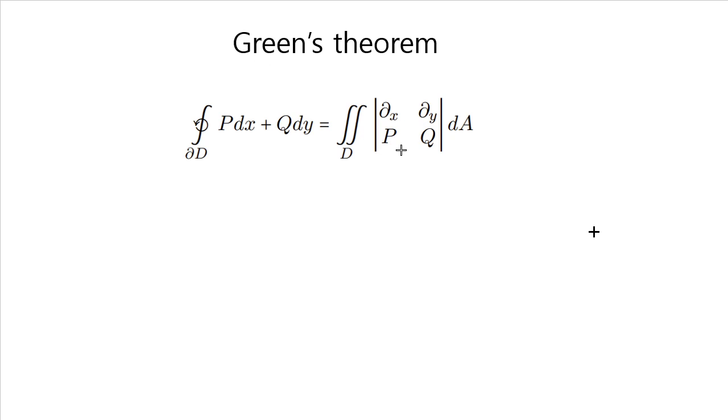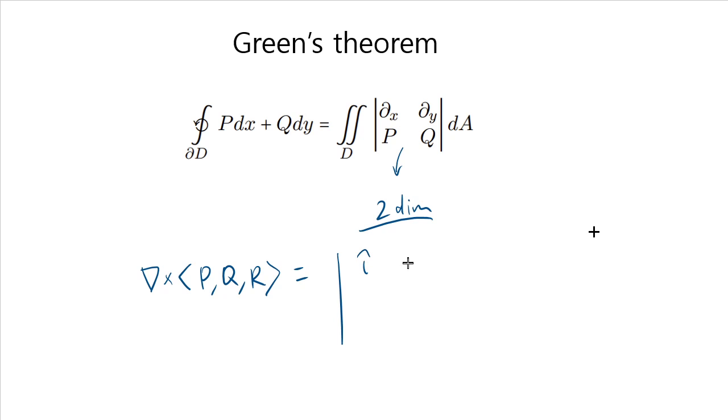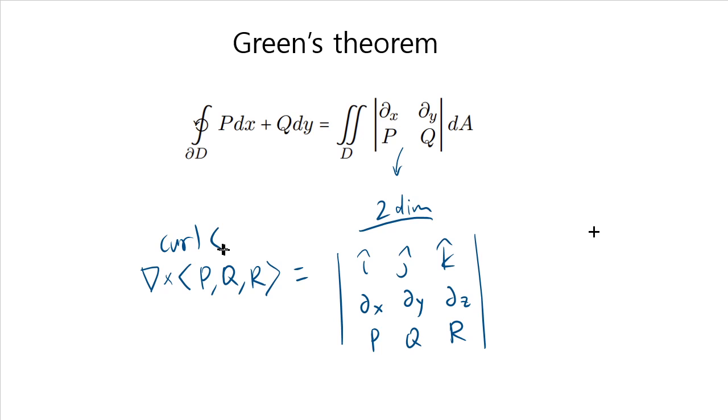This is really like the two-dimensional curl, because in three dimensions, the curl of, say, P, Q, R is defined as this determinant with I, J, K, then differentiation with respect to X, Y, and Z, and then P, Q, R, right? That's the definition of the curl. This is what we call the curl of P, Q, R.